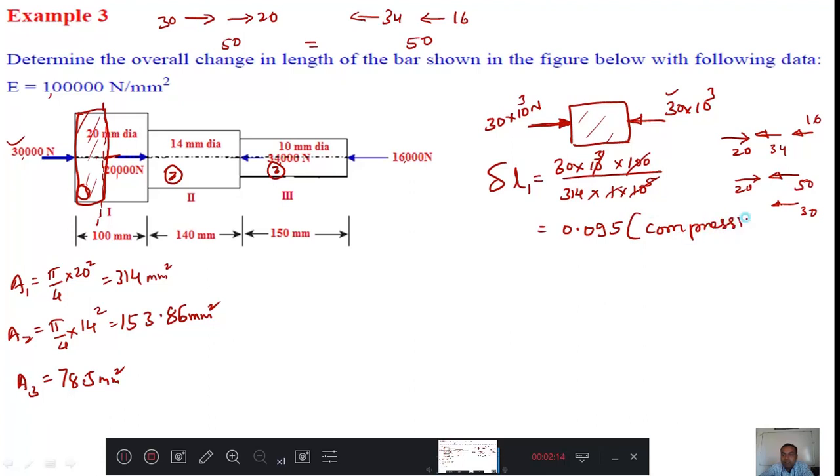This is compression. Now coming to the second diagram, I will write that diagram here. This diagram is pushed by this force, that is 20 kilonewton, and that diagram is again pushed by this 30 also. On this other side, it is pushed by 34,000, then again pushed by 16,000.